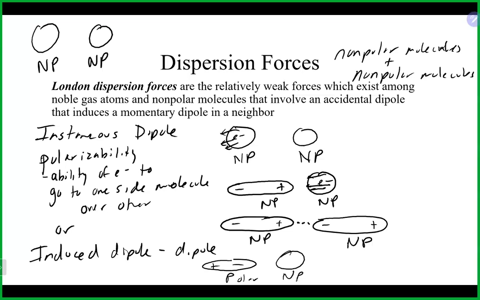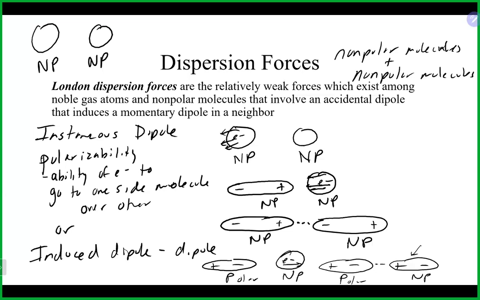So in this situation, the electrons in this guy are going to temporarily go that way. And now you have a way in this polar molecule to interact with this nonpolar molecule. And once again, this is a temporary situation, as those electrons can bounce back and the polar molecule can float away a little bit and allow it to go back.